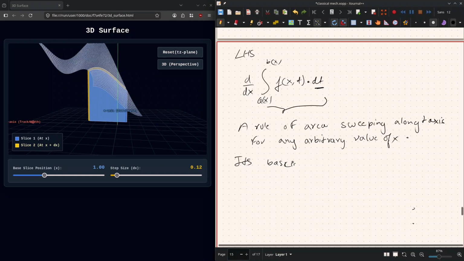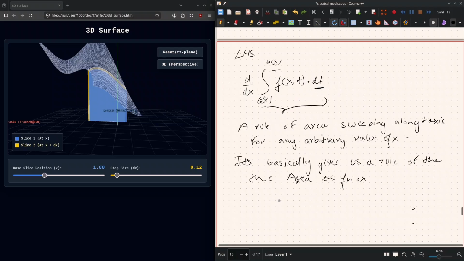It basically gives us a rule of the area as a function of x when we substitute the limits.